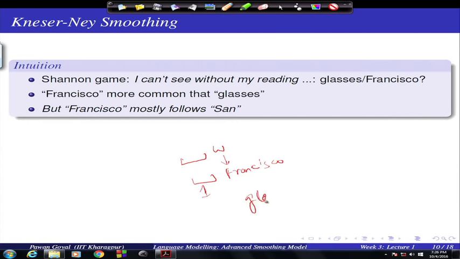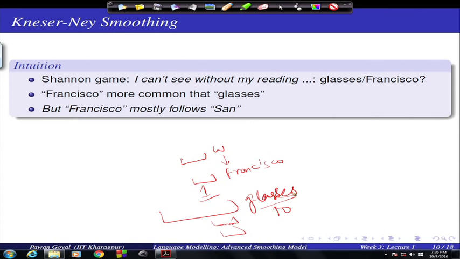But glasses occurs with many other words. Suppose glasses occurs with 10 different words, and Francisco occurs with only one different word. So what is the intuition? If a word occurs with many other words, it is more likely to complete this particular bigram that we are seeing right now.